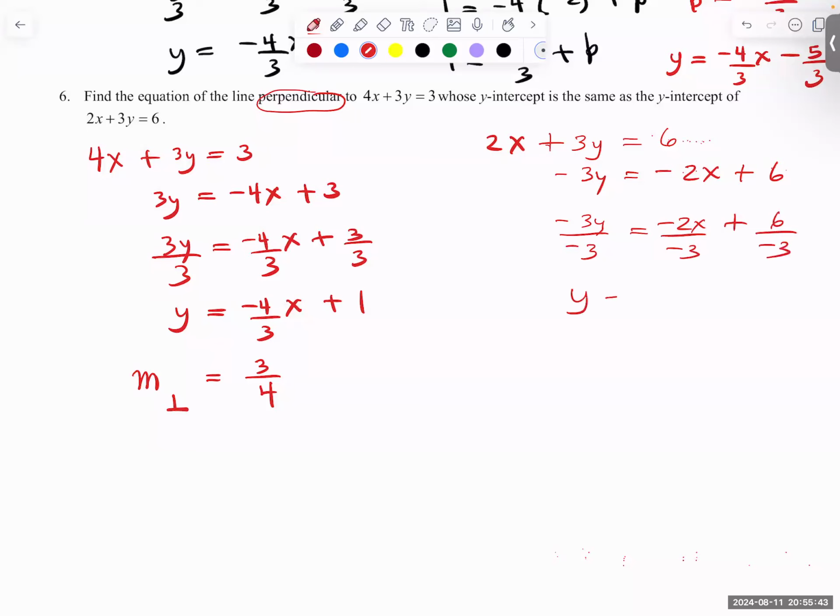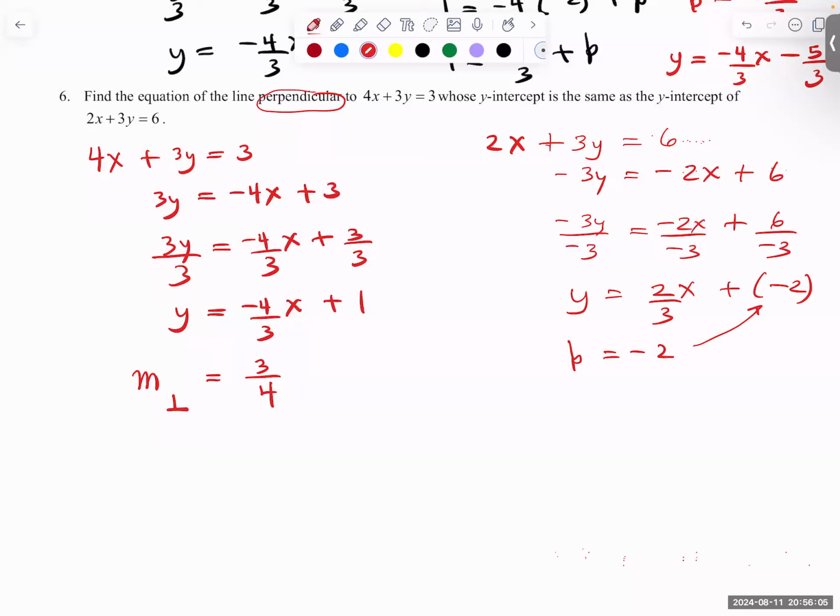So we have y equals positive 2/3 x plus negative 2, or simply minus 2. So b, the y-intercept, is negative 2, which is given as the same y-intercept of the perpendicular line.